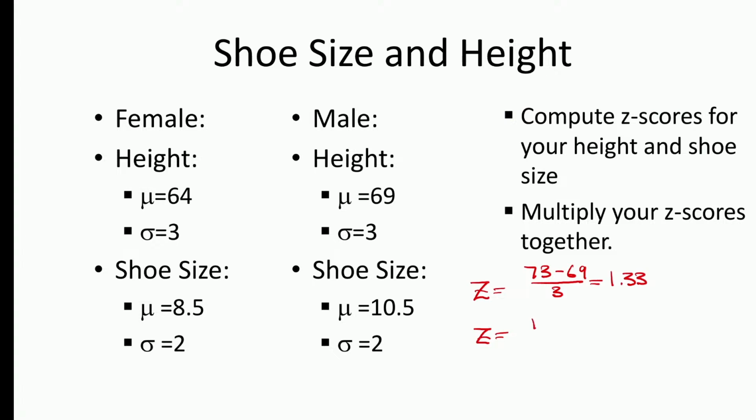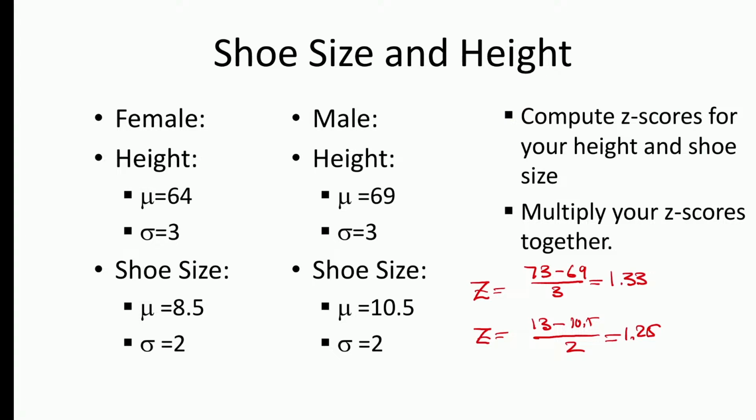And then this is going to be 13, 2, which is 2.5. Okay. So my z-scores are here. I've got 1.33 for my height.